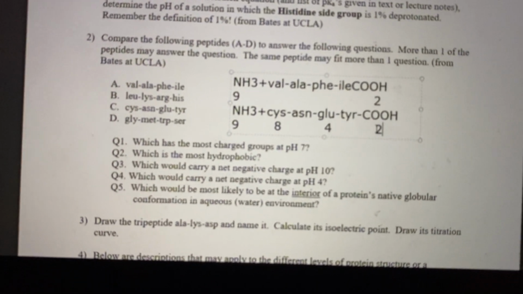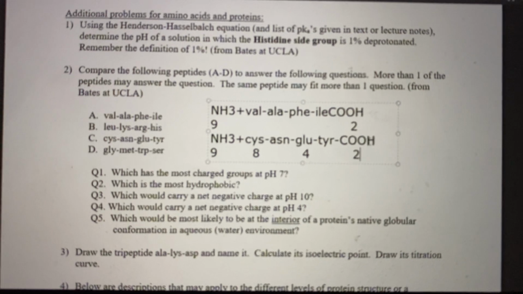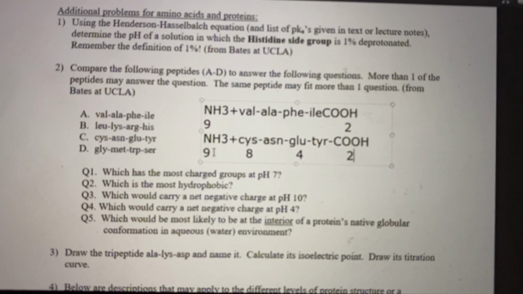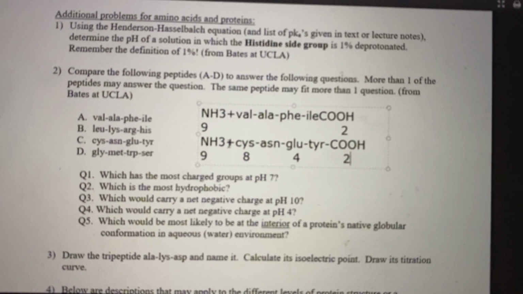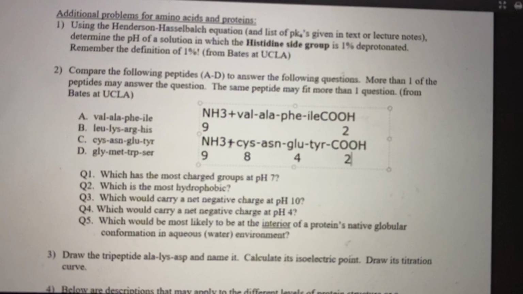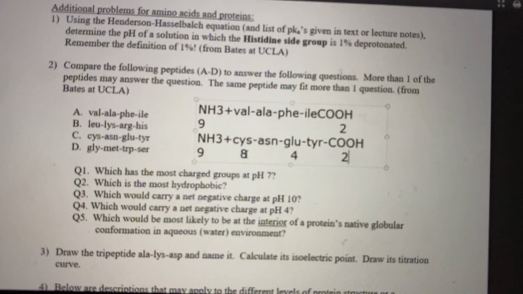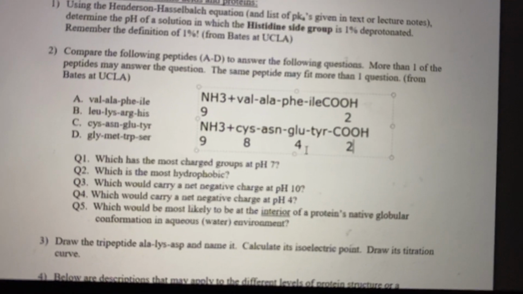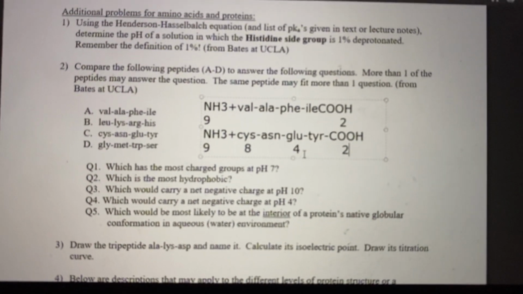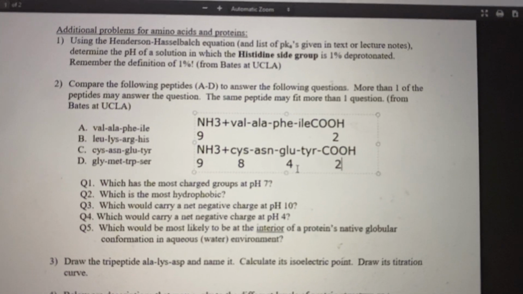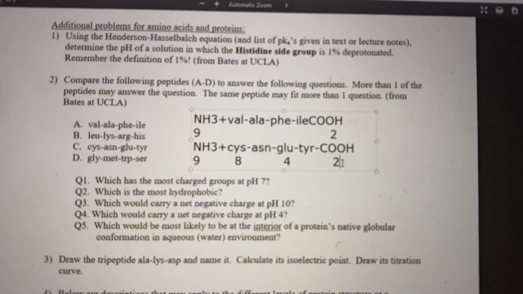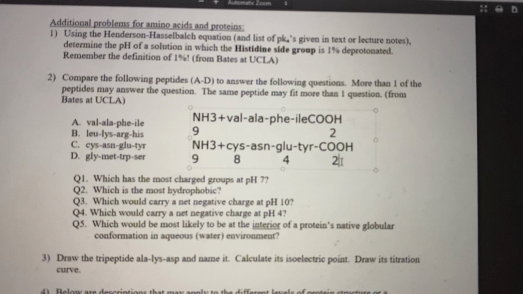Anything below a 2, this carboxyl group will be as shown. Anything above 9, NH3+ would go to NH2 with no charge. Anything above 8, this cysteine would go to an S minus. Glutamic acid would go to COO minus if it was greater than 4. If it's greater than 2, this carboxyl group goes COO minus.